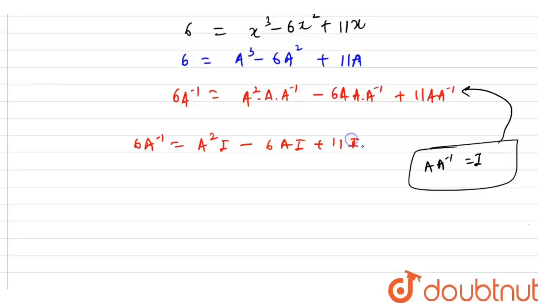Okay, and we know one thing more, that if we have I into any matrix, or we can say A into any matrix, then it will result in that matrix. Okay, so I'm going to write it as 6A inverse equals A square minus 6A plus 11. Okay, here we have I also.